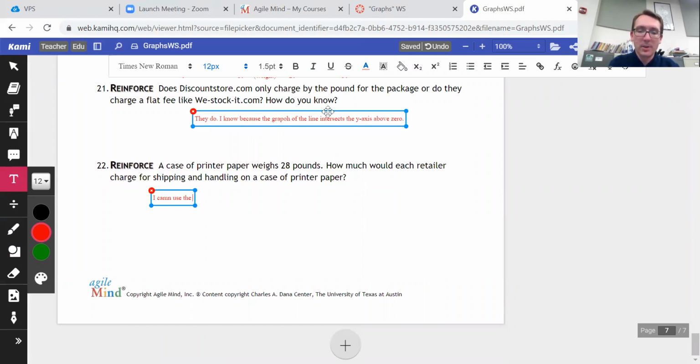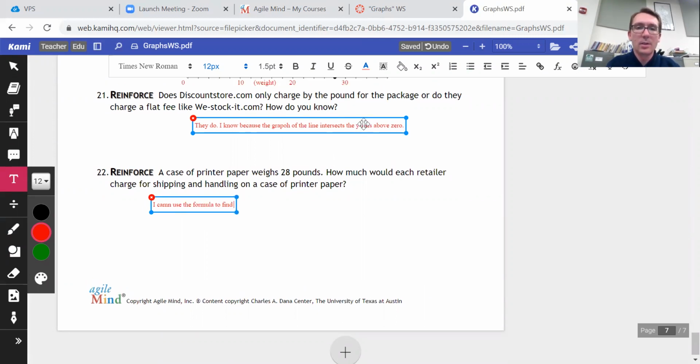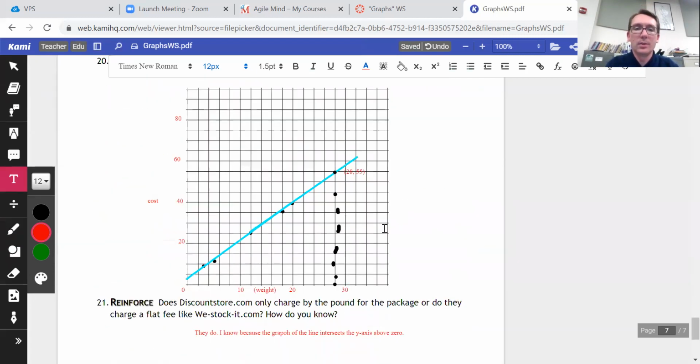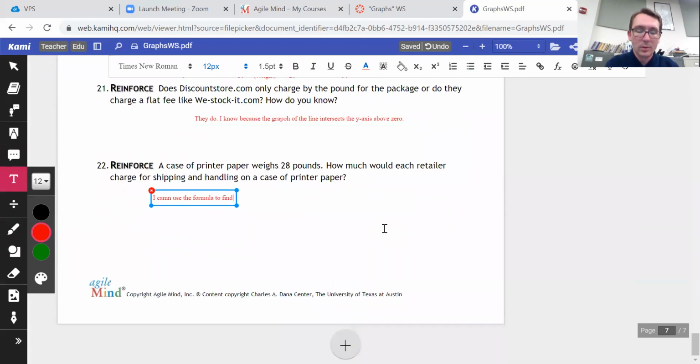I can use the formula to find that we stock it would charge $47 for 28 pounds.